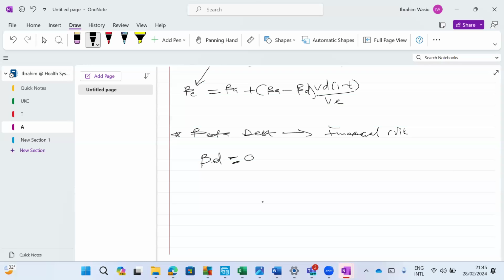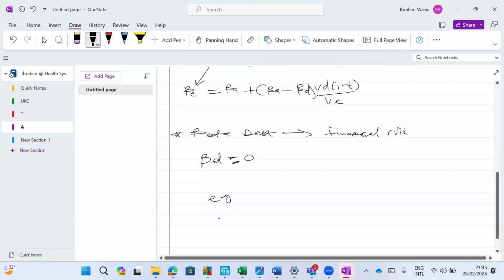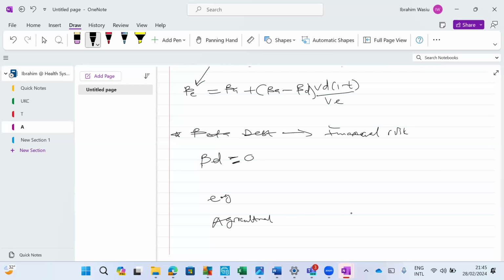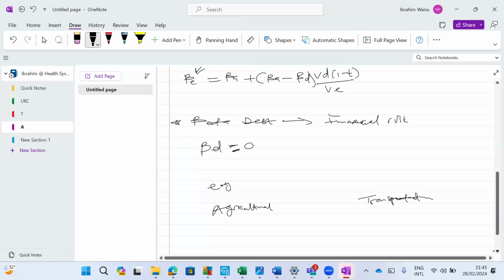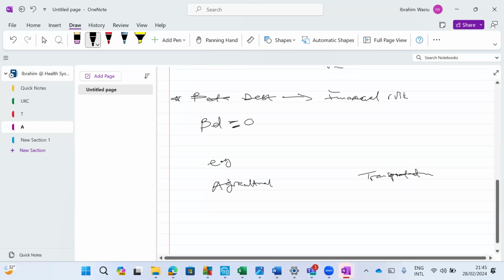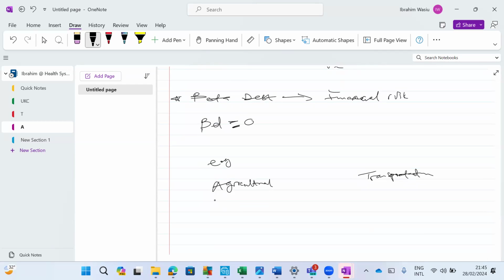So now let's assume I'm into agricultural business, and I want to go into transportation. Which means currently I'm into agriculture, but I want to add another line of business that we call transportation.